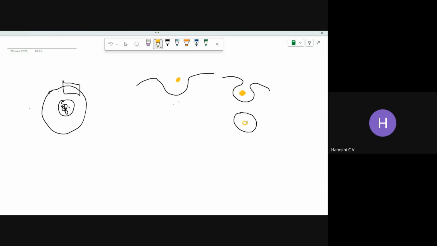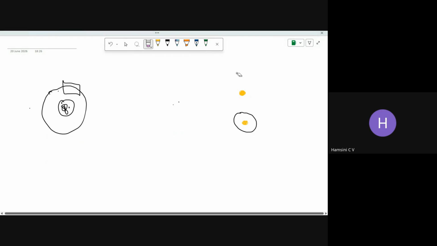I will do it in one complete cell. So consider this to be a cell.